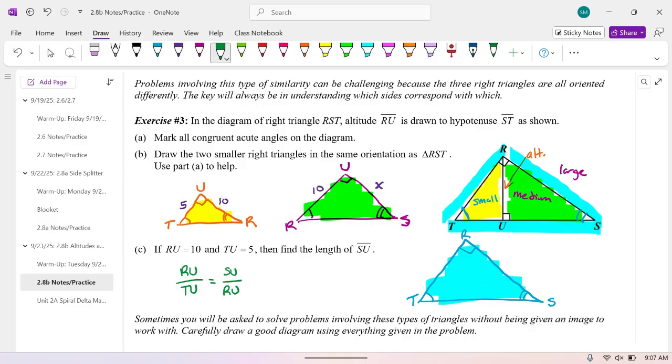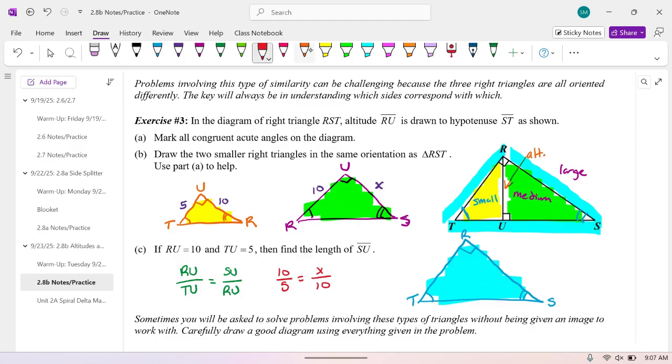All right. So if I set that up just by plugging in what I have, I would have 10 over 5 is equal to X over 10. Now, I know we can simplify the right side down, but just for solving's sake, I'm not going to do that because it still comes to easy numbers.